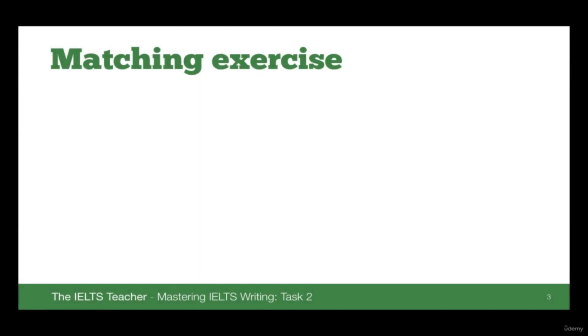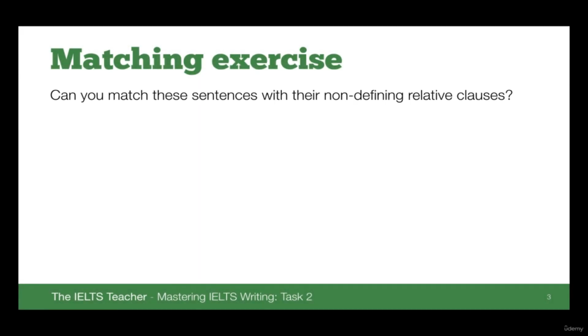So let's do a quick matching exercise. Can you match these sentences here with their non-defining relative clauses? I'm not worried about defining relative clauses. You should already have a fairly solid command of that grammar point if you're aiming for a 6, 7, 7.5, 8 score anyway. So we're going to look at non-defining relative clauses as they are a slightly more advanced grammatical structure.